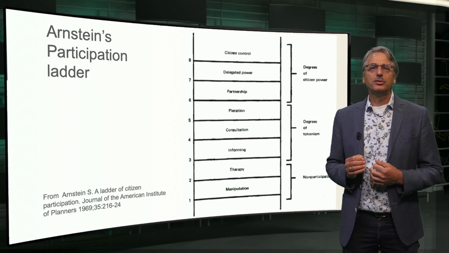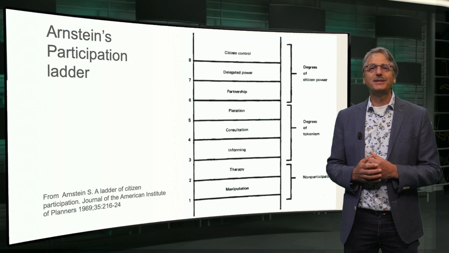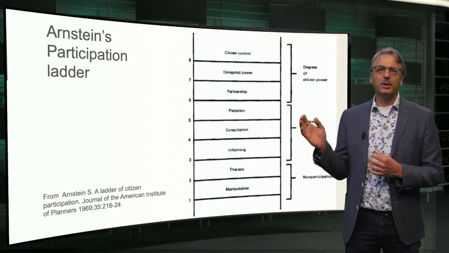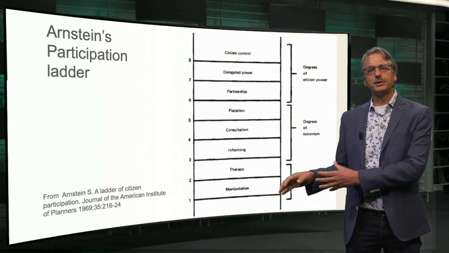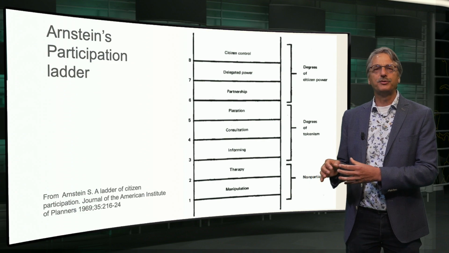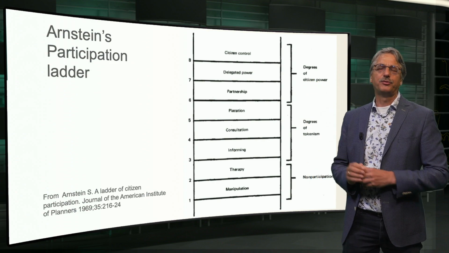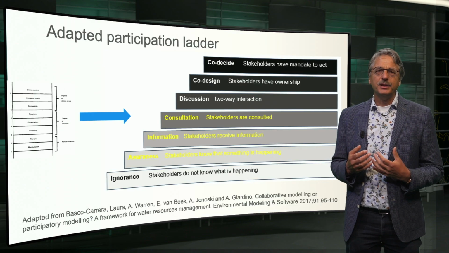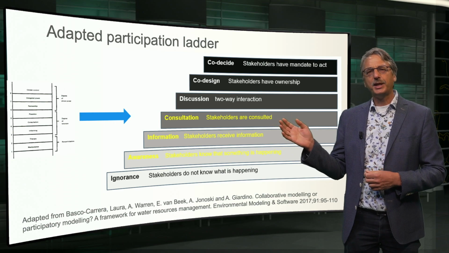Not all stakeholders can, need, or want to be involved in the same intensity. Already in 1969, Arnstein came up with the idea of a participation ladder, of which the lower rungs represent low levels of citizen participation, and the higher rungs, high levels of participation. Later, the terms that Arnstein used were changed, but the idea is the same.